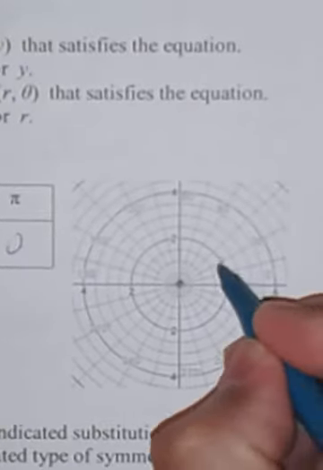Then (2 root 2, pi over 4): 2 root 2 is about 2.8, at pi over 4, right there.